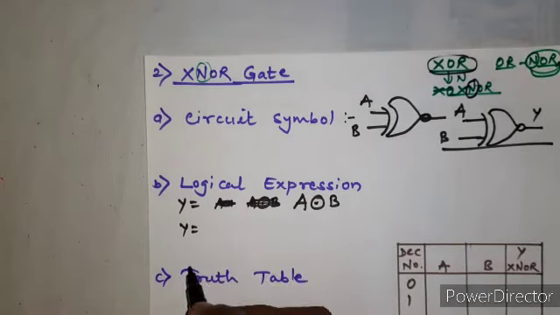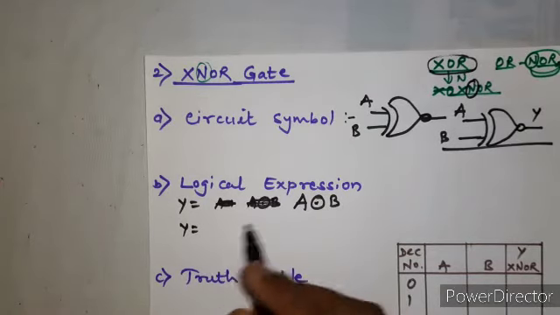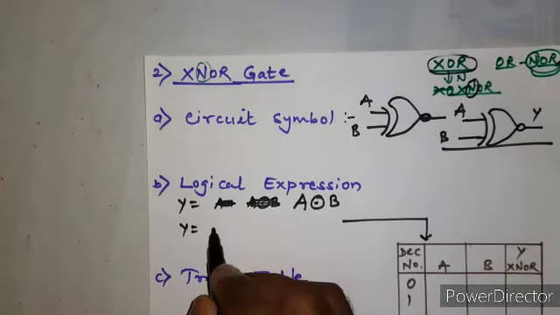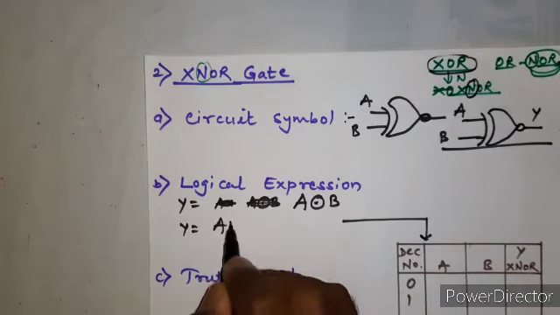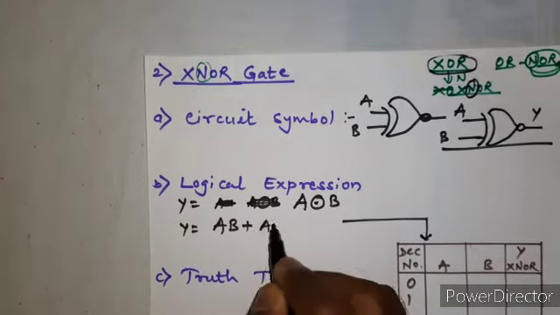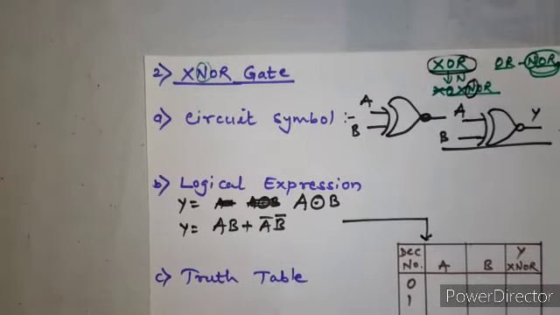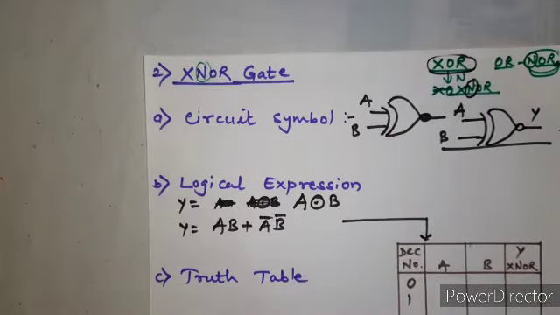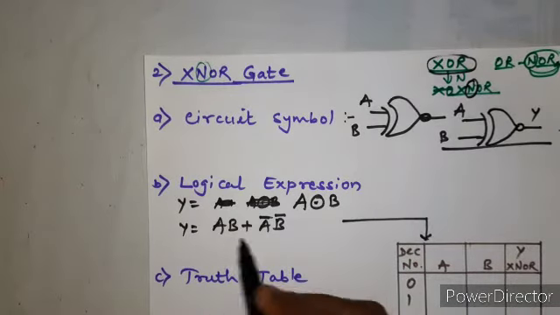I will just consider two equations. Another equation is based on the truth table: Y equals AB plus A bar B bar, right? So these are the two logical expressions of the XNOR gate.